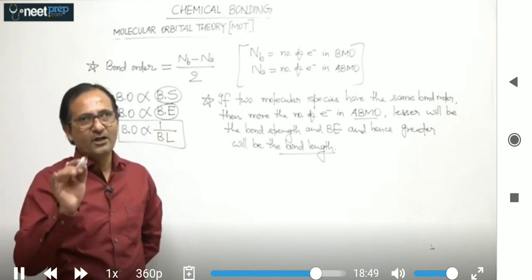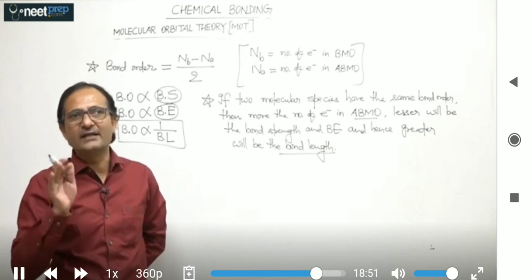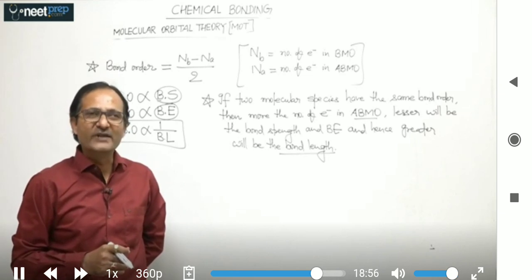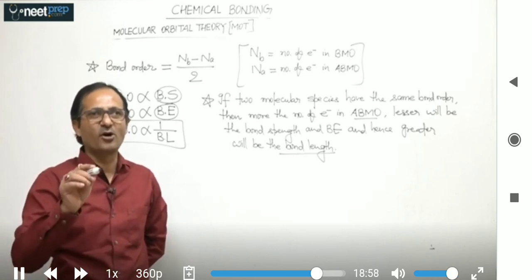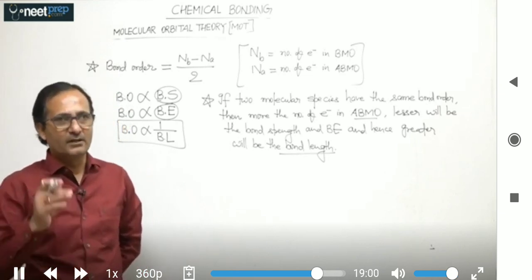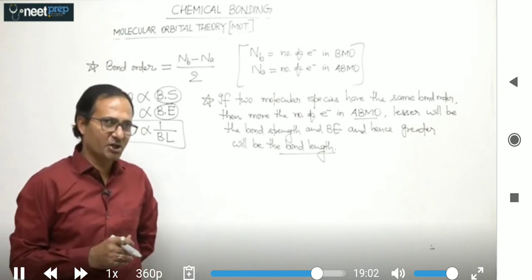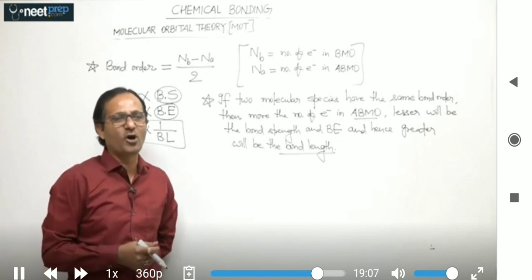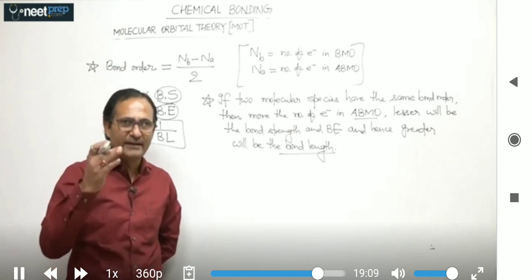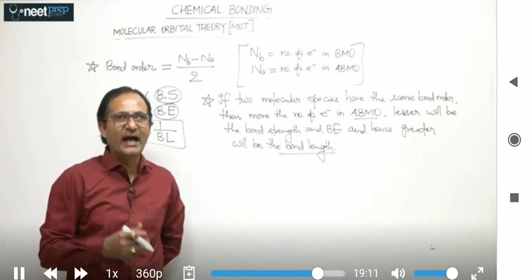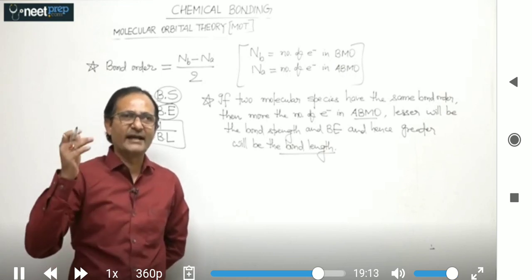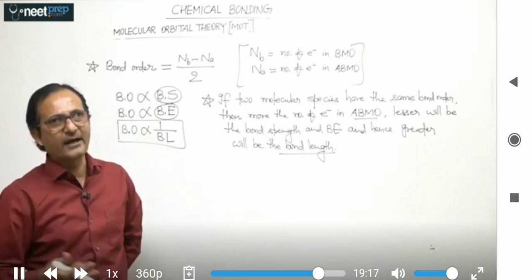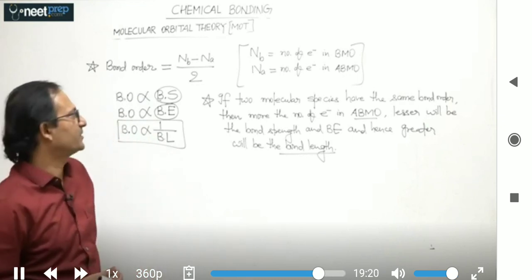So if two molecular species have the same bond order, then you will see the number of electrons in ABMO. The molecular species in which ABMO has more electrons will be less stable, it will have less bond strength, less bond energy, and so greater bond length, right?